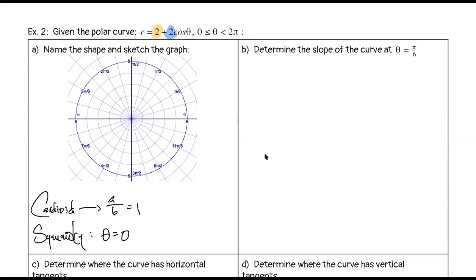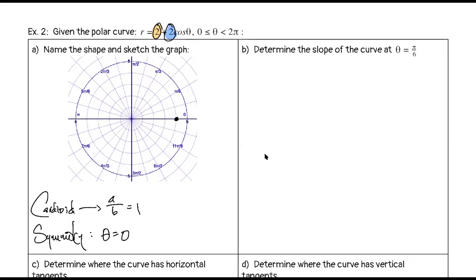So kind of cool if you like nerdy things, but if you take your a plus b, right, so 2 plus 2 is 4, that actually, for the cosine one, gives you the radius that you go out at 0. So 2 plus 2 is 4, so I go 1, 2, 3, 4. That's how I can get that point maybe in a shortcut way, okay?